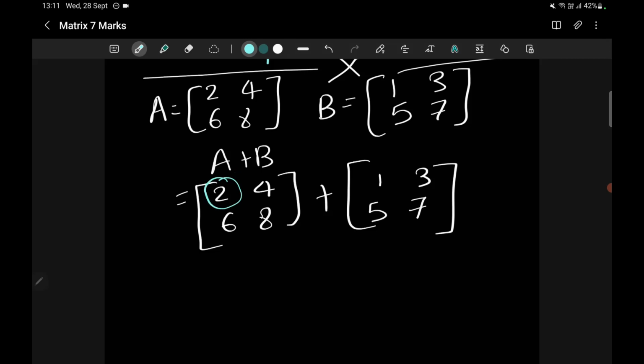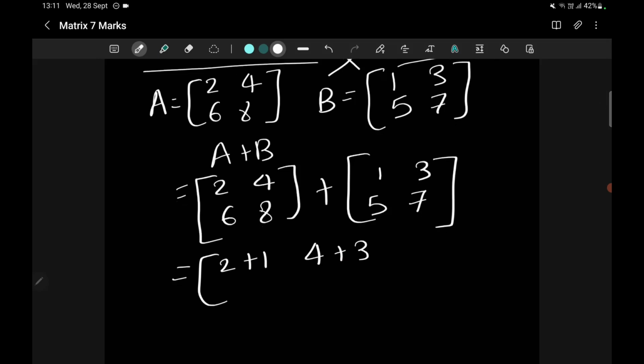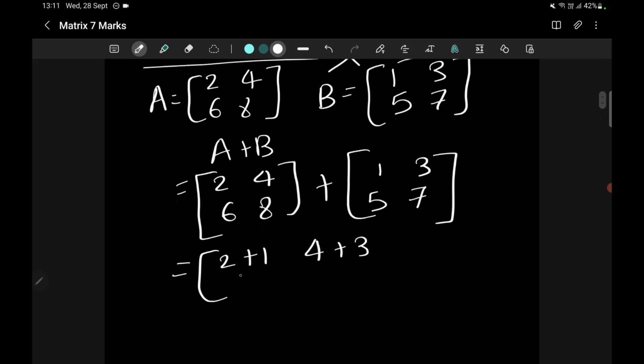You have to add this term with this term, then you have to add this term with this term. Therefore, 2 plus 1 and 4 plus 3, then 6 plus 5, then 8 plus 7.